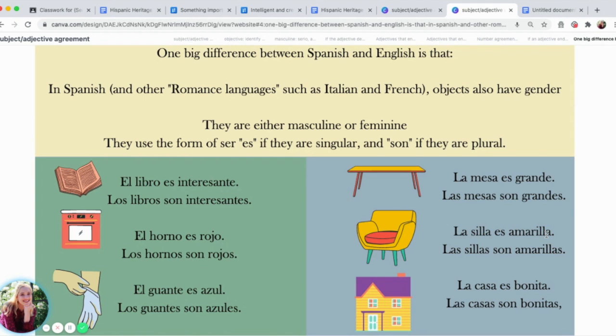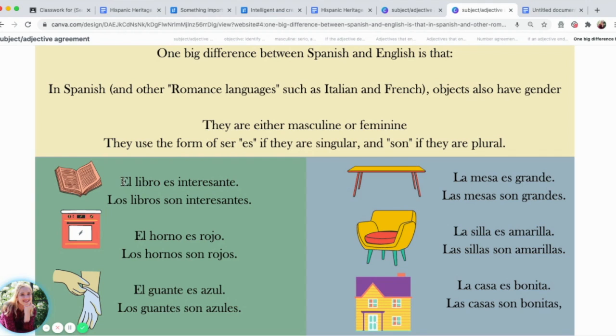You put in the O or the A depending on what you're describing, the subject, el sujeto, is masculine or feminine. And then we also have to make sure that it agrees with the number. So are we talking about a singular object or are we talking about a plural object? If it's plural, we probably need to add S.